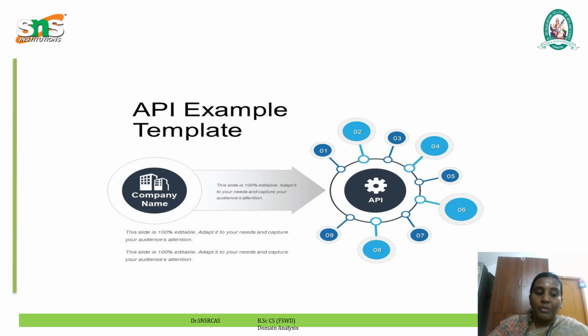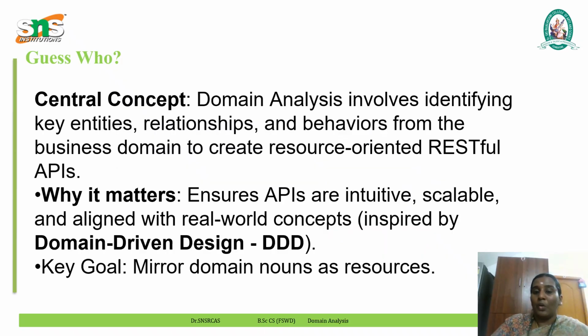For example, consumer, product, or order in an e-commerce domain, where it defines a business process for complex operations. Setting up a new customer can be treated as a resource, and it also has some CRUD operations.